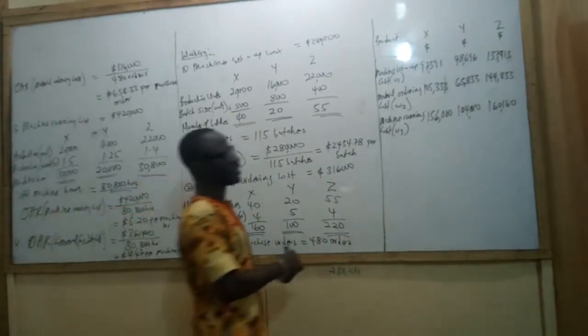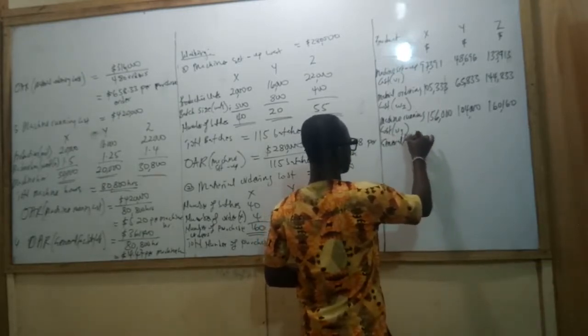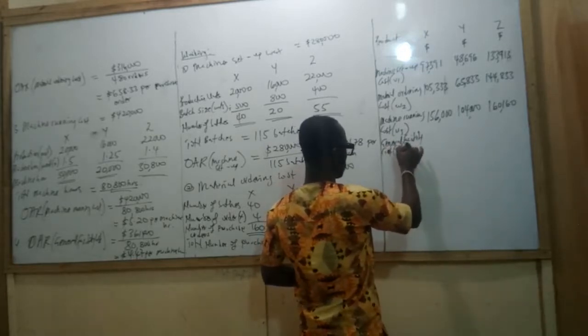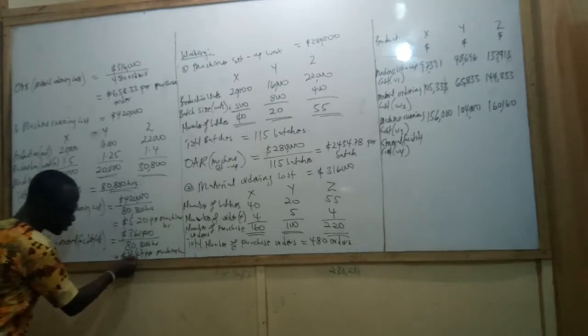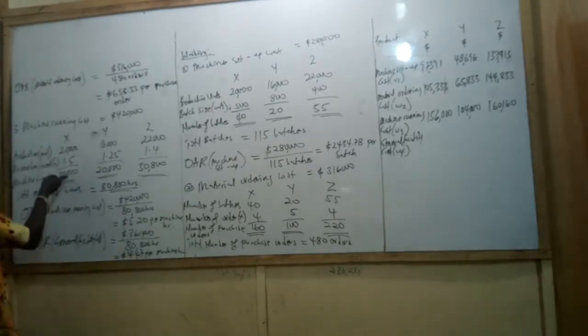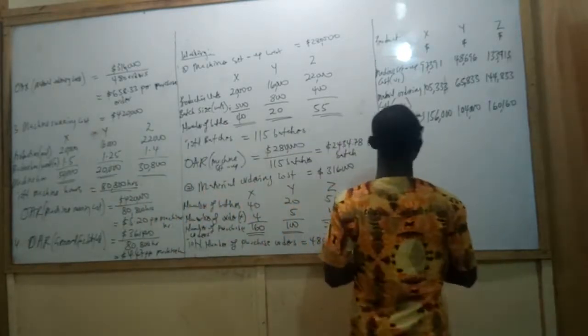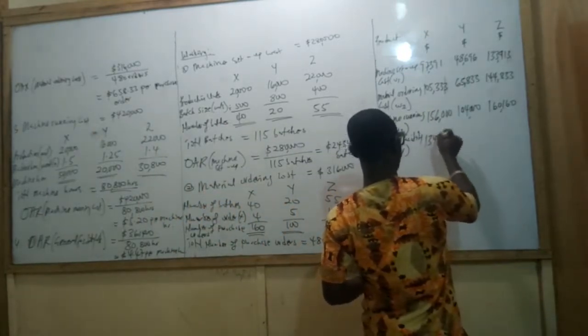General facility cost. Workings 4. You mean that 4 point what? 4.47. We are still using machine hours. So by 30,000, we have 134,100.